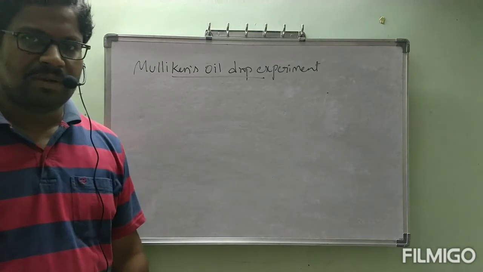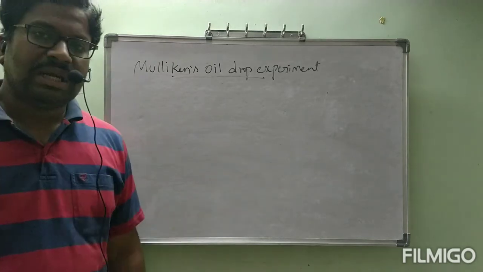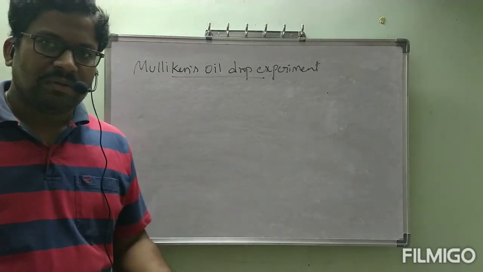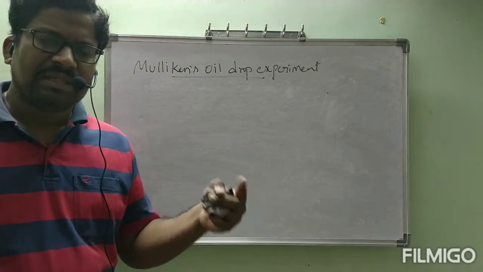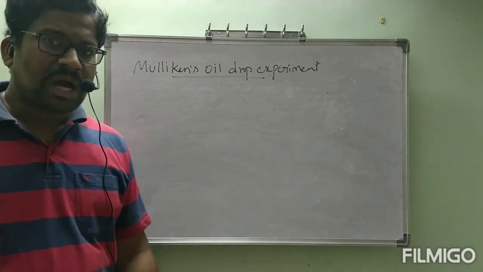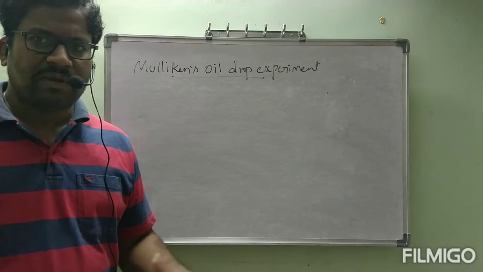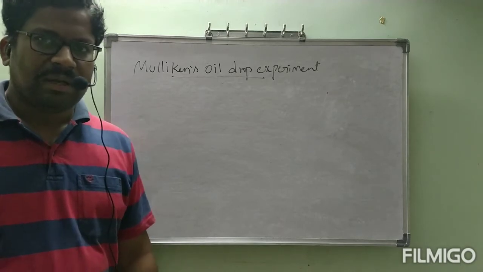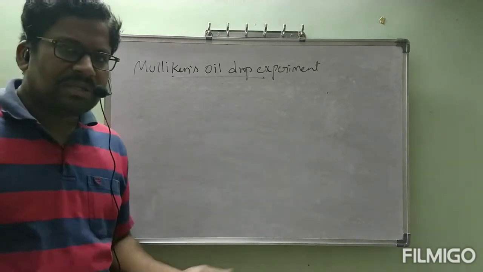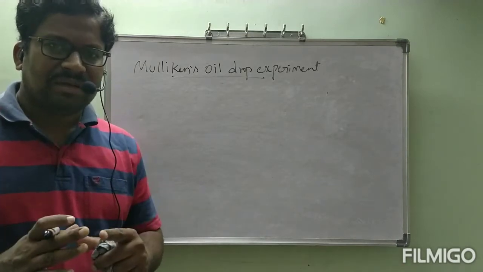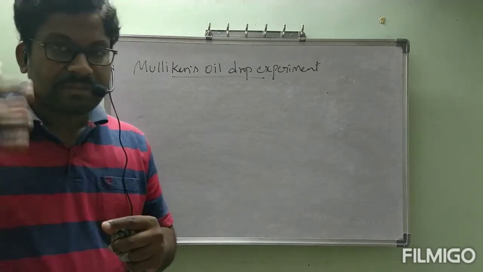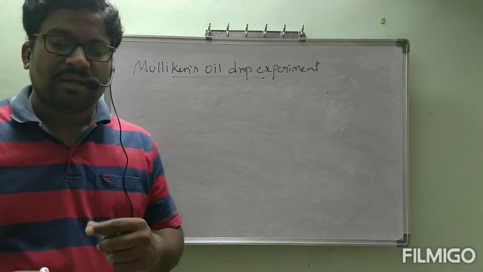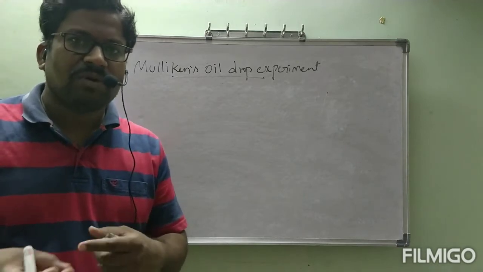It is not at all possible now because this is related to viscosity, and many surface tension problems like this in physics. By using all those properties, we have to find the charge of electron. But now, in a brief discussion, we will get a little bit of an idea about Millikan's oil drop experiment. That's why, by giving the brief discussion, I am going to conclude this one.